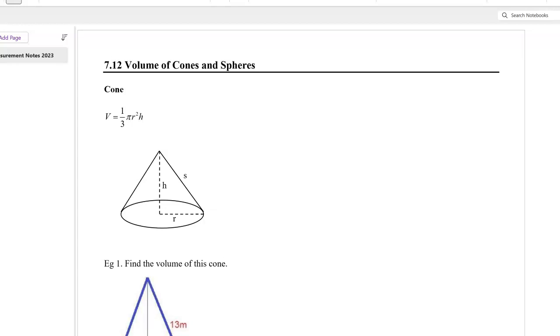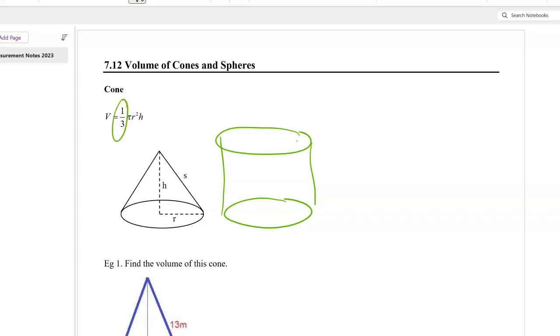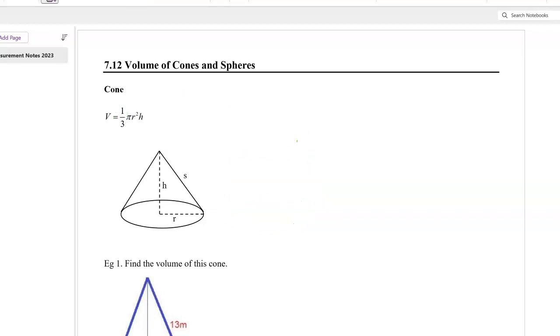All right, so we're going to find volume of cones and spheres. Volume of a cone is, if you think about a cylinder, how was the relationship between a pyramid and a prism? Do you remember how this was always 1/3 of the prism? Okay, that's where that formula comes from. But again, you don't need the formula.